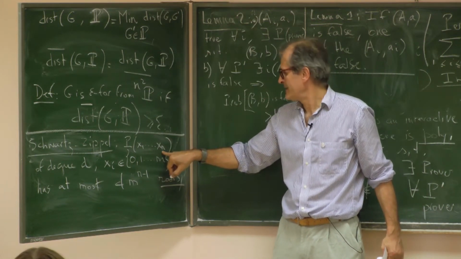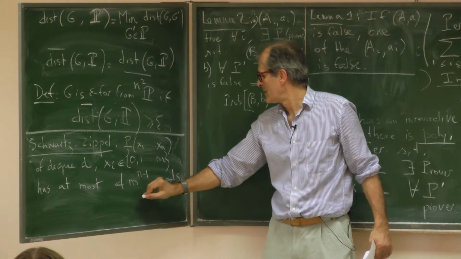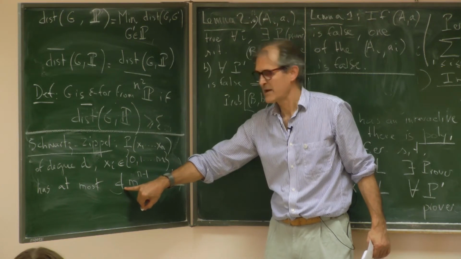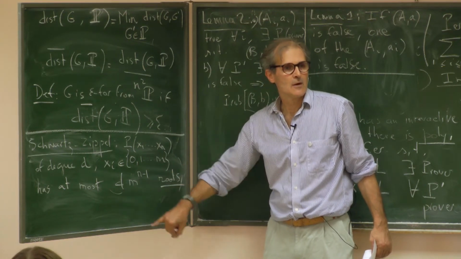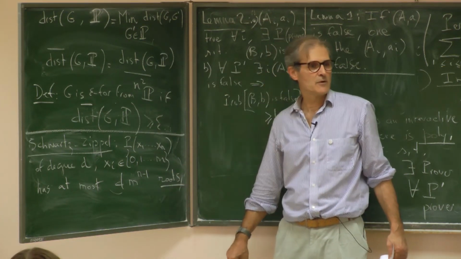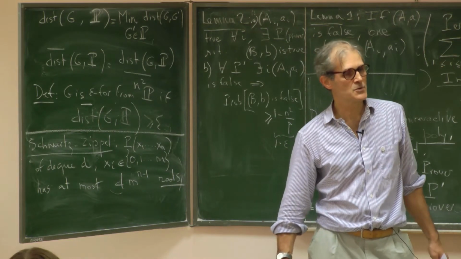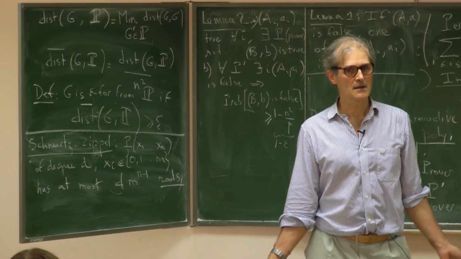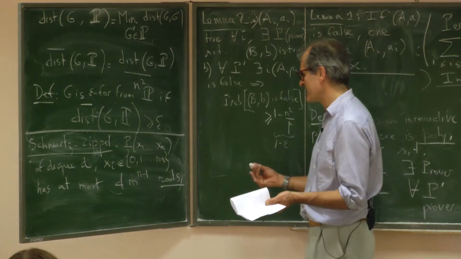N equals 1, so therefore this is 1, and therefore you have d roots. If you have a polynomial of degree 2, you have at most 2 roots, right? Okay? And if you have degree 17, you have 17 roots.